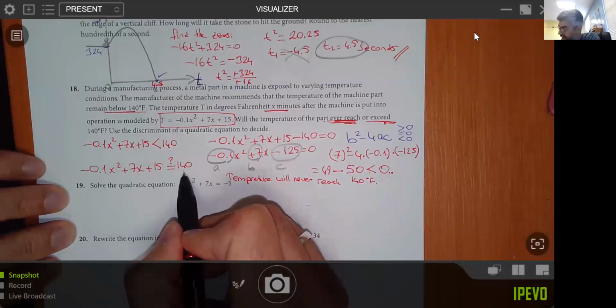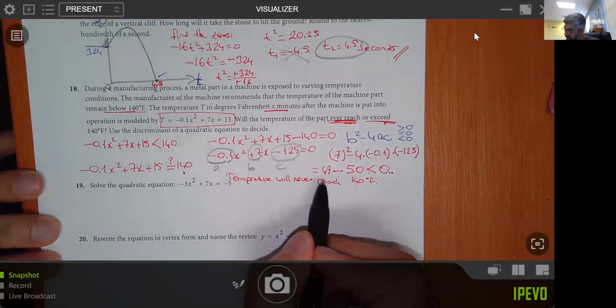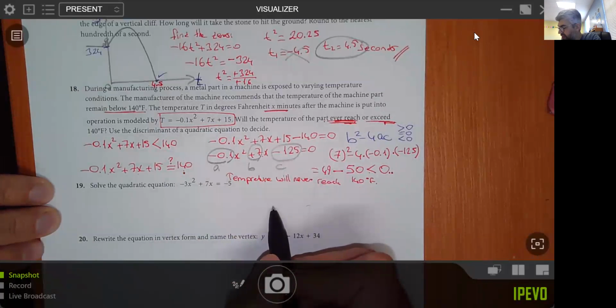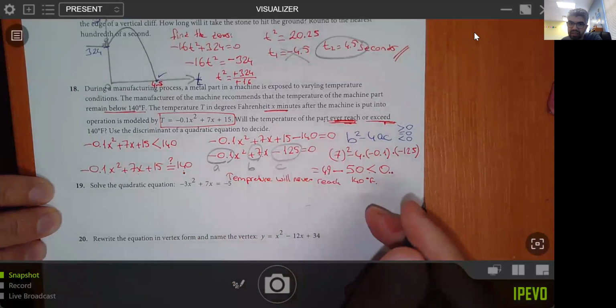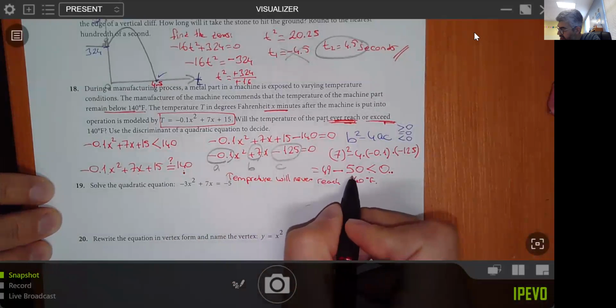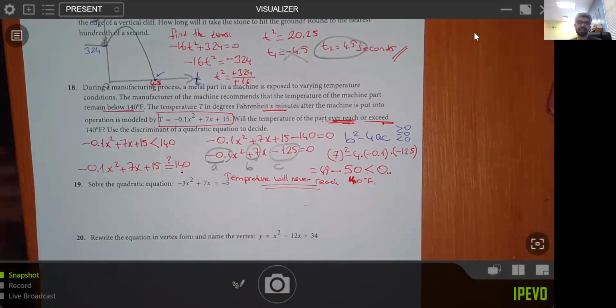But also I can say, since it is minus 1, it's very close to 0, right, guys? So I can say, yeah, the temperature will never reach 140, but it will be very close to 140 Fahrenheit. But the question doesn't ask what degree. For me, the important thing is to realize that it will never reach 140 degrees Fahrenheit. Is it clear? Any question?